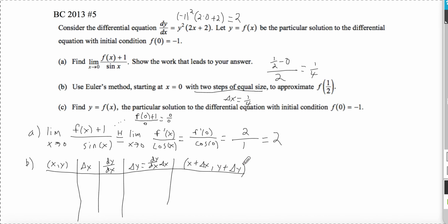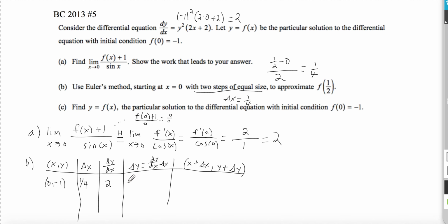Okay, so what's our initial point? We're starting at x equals 0, so our initial point is (0, -1). What's our delta x? Well, we already figured out that's going to be 1/4 if we're stepping twice to get to half. So what is dy/dx? At this point, I come back up here and plug in (0, -1), which is actually what I already plugged in, so dy/dx is 2.